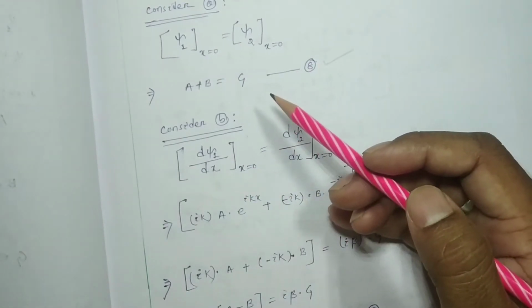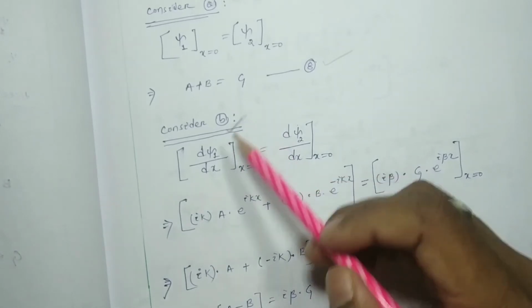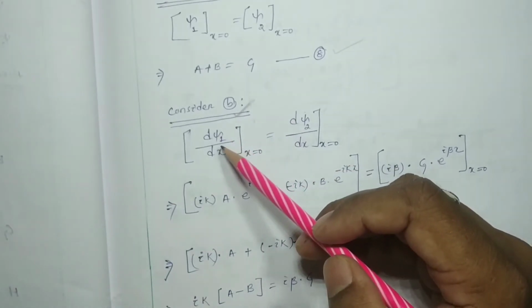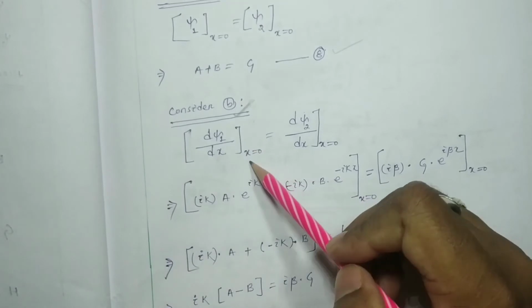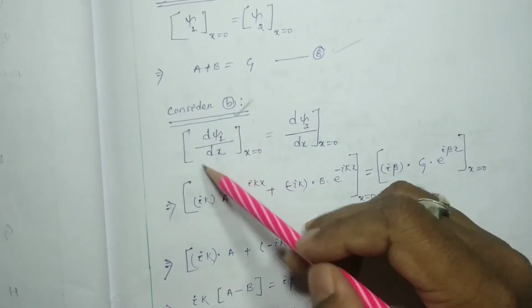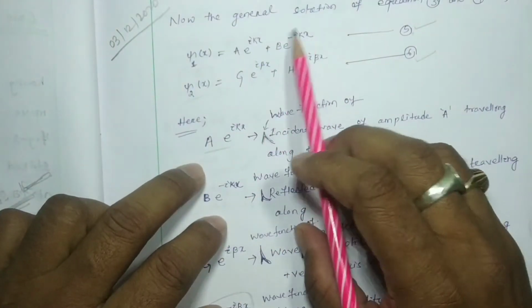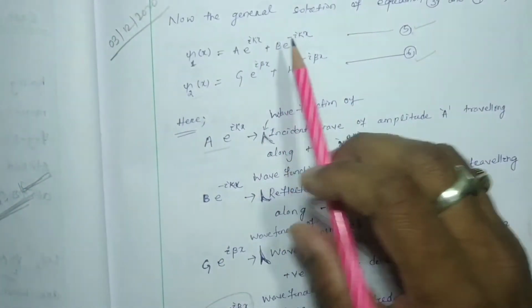Now consider boundary condition B, that is d psi 1 by dx at x equal to 0 equals d psi 2 by dx at x equal to 0. First derivative of psi 1 we have to take, and consider at x equal to 0.